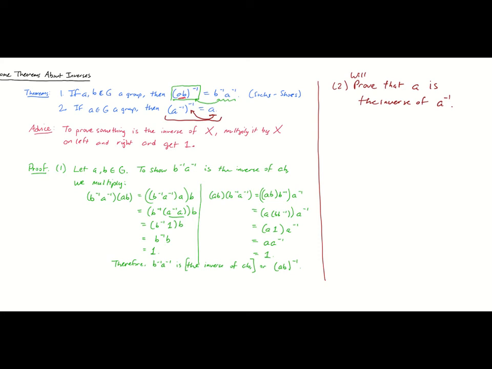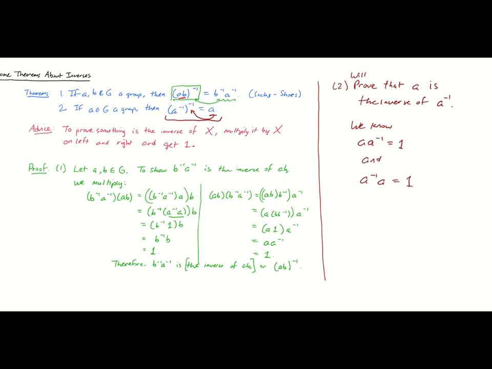So I'm going to prove that by multiplying. Now this is going to seem really ridiculous because what I'm going to end up doing is just multiply A by A inverse. We know A times A inverse is 1 because that's what it means for this thing to be the inverse of this. And we know this is also 1.